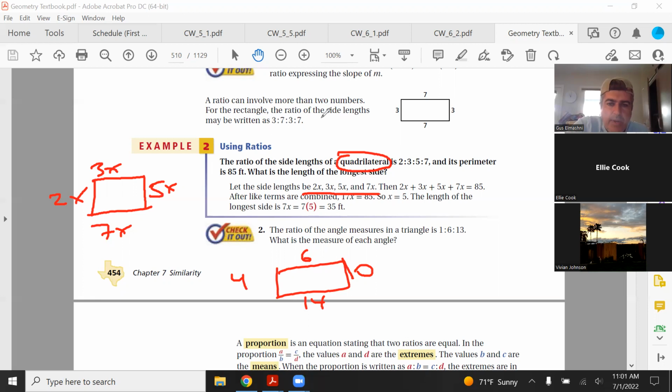So what you do is a little trick. Yes, the sides could have been exactly 2, 3, 5, 7, but then that would add up to 18, I believe. No, 17. So anyway, what we can do is add up all those expressions.